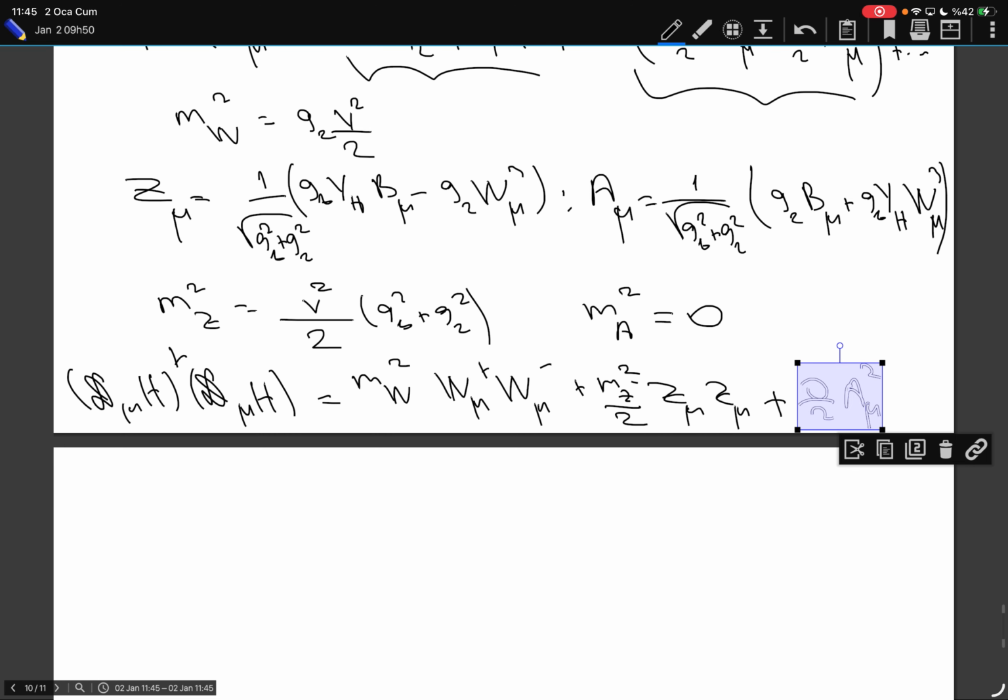And what I observe, I'm trying to explain my observations. I have massive omega bosons, Z boson, and massless photon. So if this is my theory, the identification is now kind of obvious. Omega has this mass, Z has this mass.